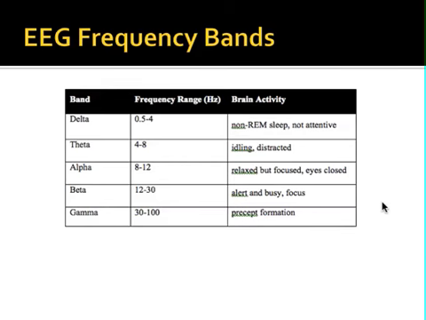Beta waves are what we normally see when we do some kind of task-oriented EEG. So here you would be alert, you would be busy, you would be focused on some task, your eyes would be open, and the frequency range is rather broad, from 12 to 30 hertz. Some people do divide beta into two subbands.